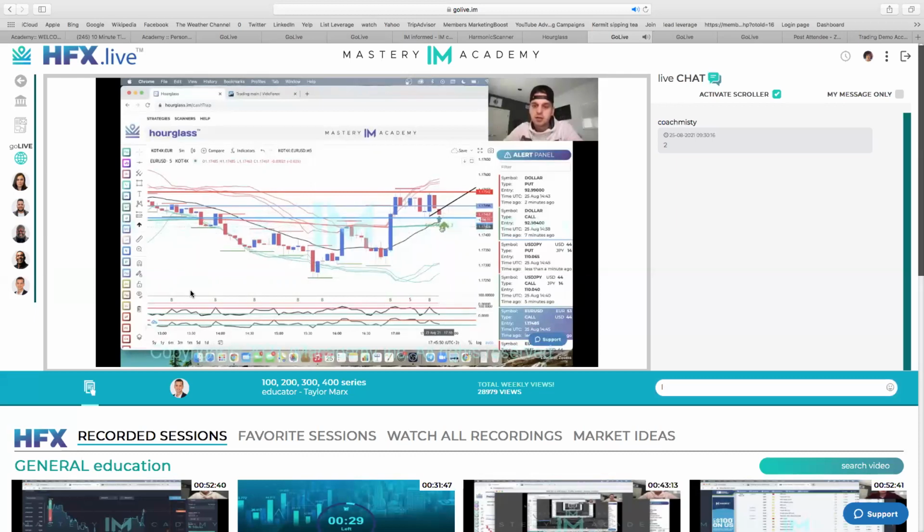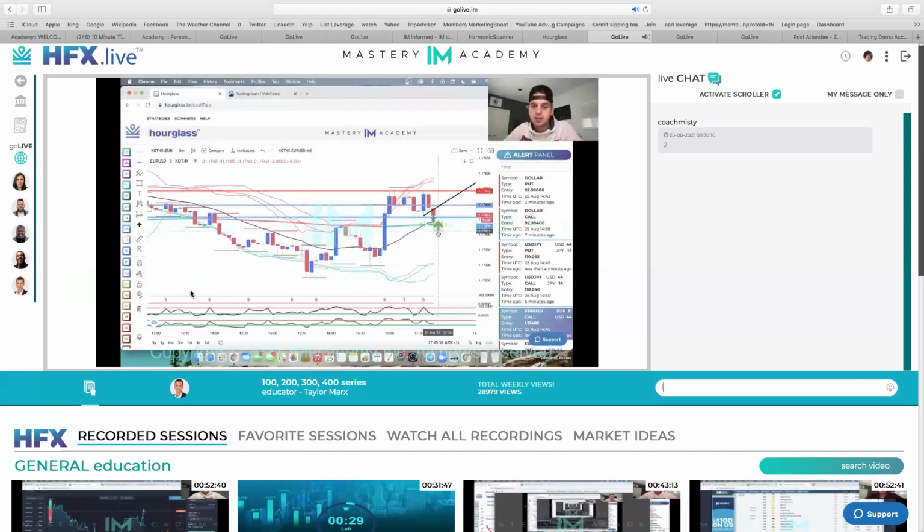Why is my arrow stuck? I'm going to enter this idea. Came down to the support. We got the up arrow. About to get the cross up on the currency strength meter. Yes, I mean this is a very, very good level of support.